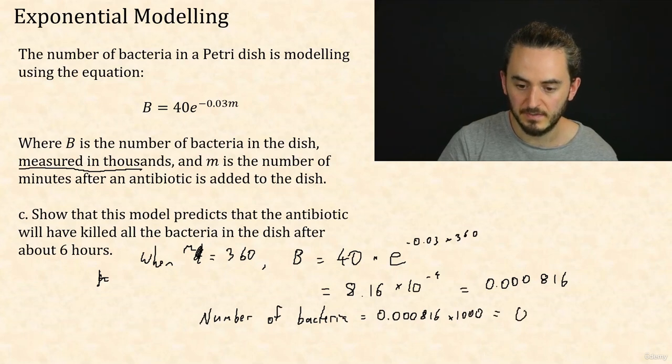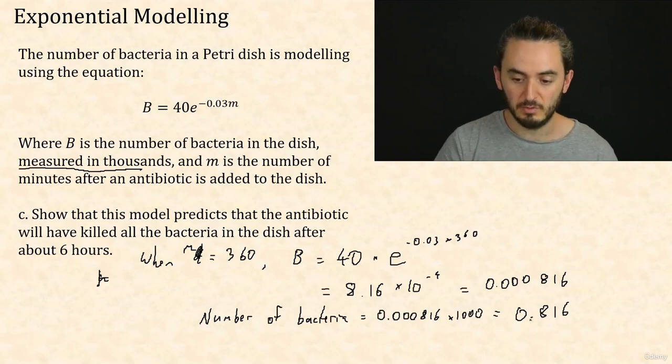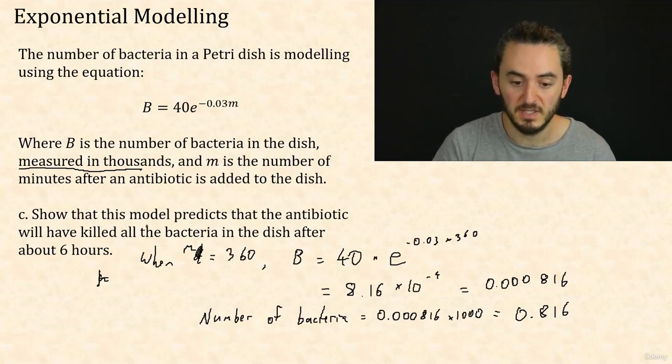Now what is that? That is 0.816. Now we can see that our model predicts the number of bacteria will have dropped below 1. So will it have killed all of the bacteria in the dish after about 6 hours? Well, the model predicts there'll be less than 1 bacteria, so yeah, gone.